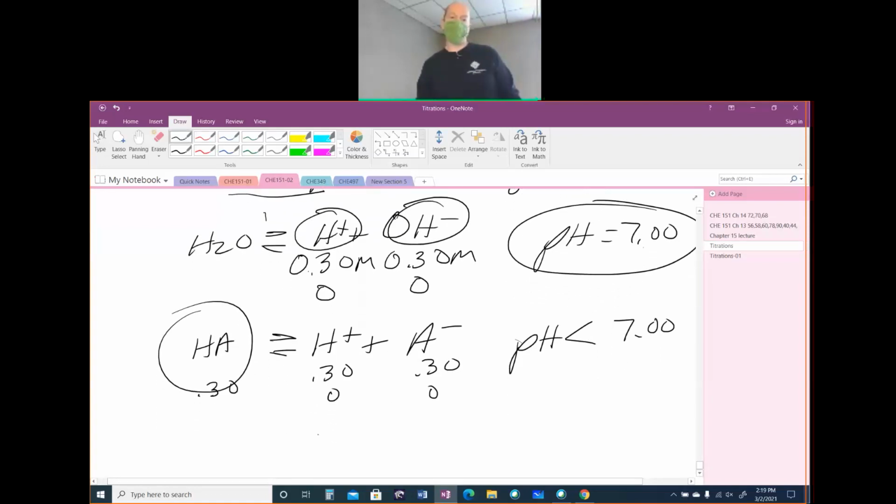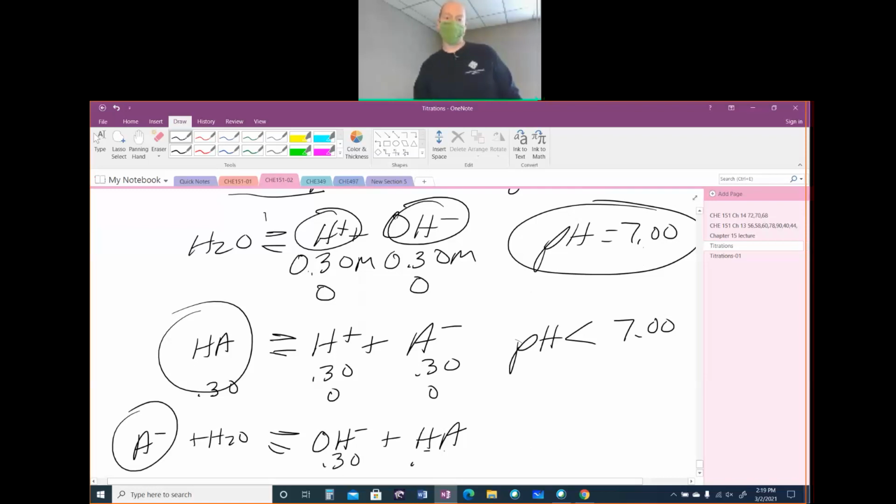If you had your strong base with a weak acid, what that produces is water, which isn't part of our Kb, but it forms an A minus. So you're forming a weak base. So if this is 0.3, this is 0.3, they both go to 0 at the equivalence point, and you make 0.30 molar of your base.